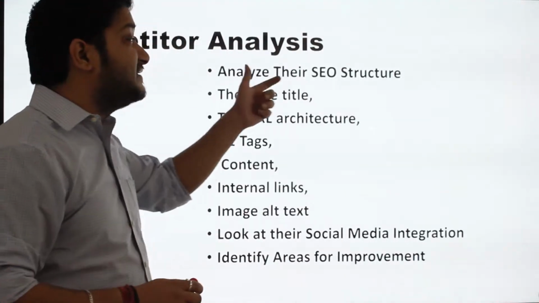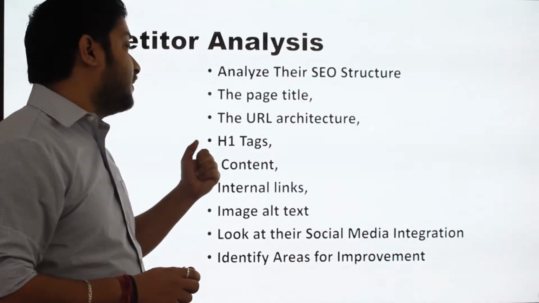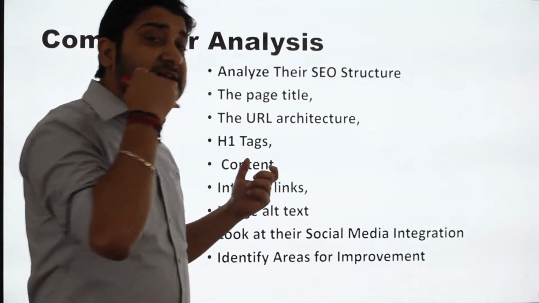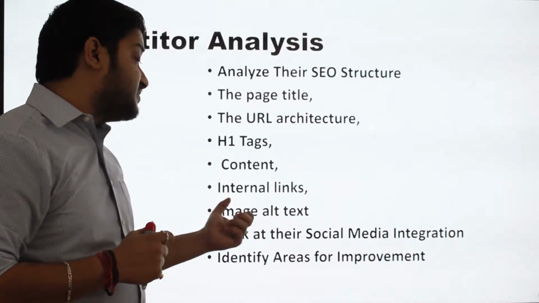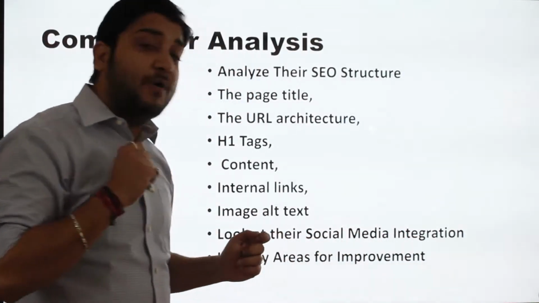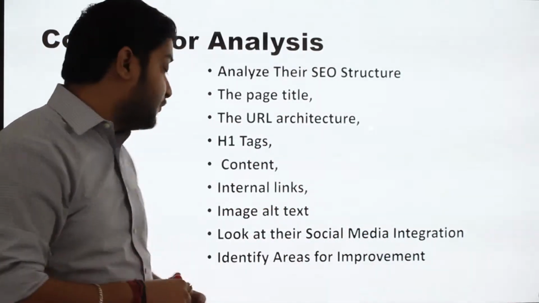Moving further, analyze their SEO structure: the page title, the URL architecture, what kind of headlines they are using, what content they are promoting, what the internal links and images are, and look at their social media integrations. Again, it is very important to see what they are doing within the social networks.